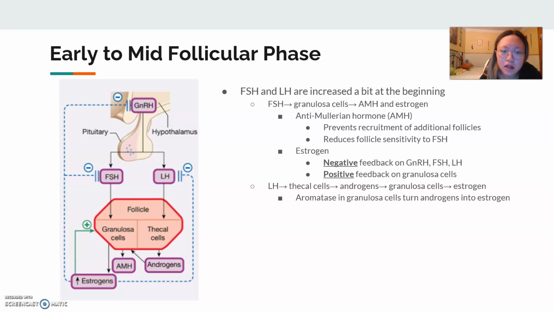So the main goal here is really just to increase levels of estrogen. Despite the negative feedback effect that estrogen has on FSH and LH, it's still able to increase in terms of how much is being produced by the positive feedback that it has on granulosa cells. So all of these feedback loops combined together really are just trying to increase the estrogen levels.